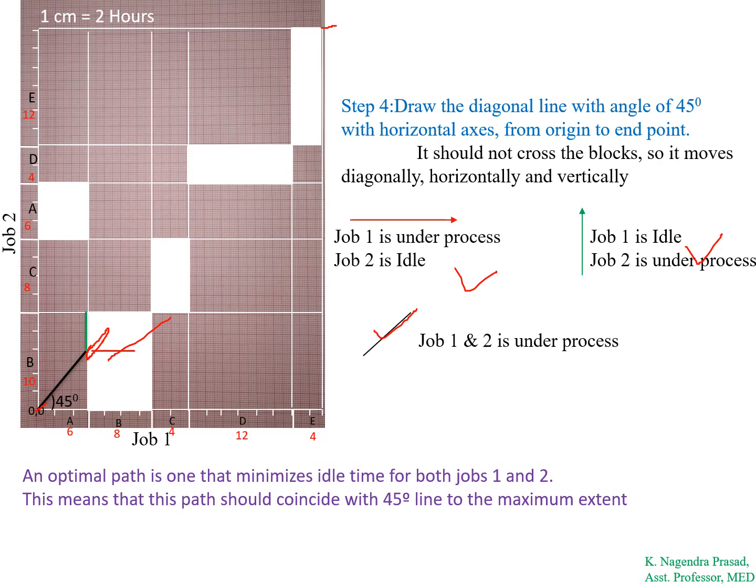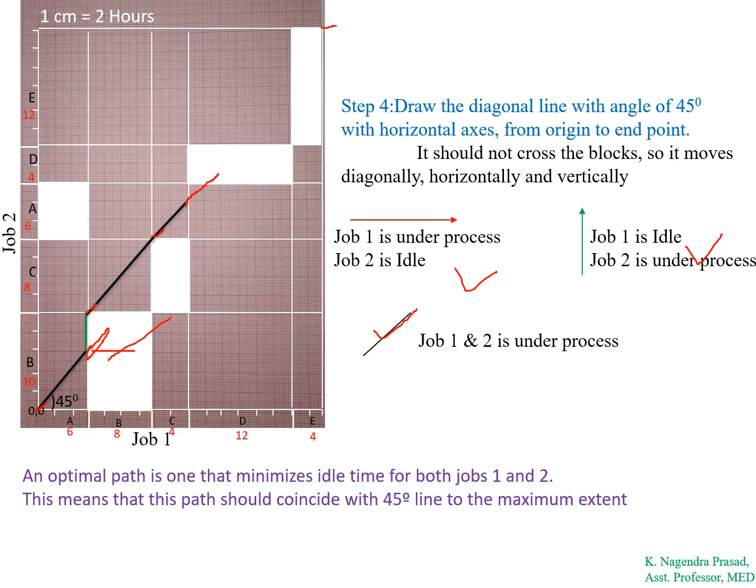So the line has reached this point. Here there is a no block region, so once again you have to draw a diagonal line. So the line has reached this point. Here also no block region. Once again you have to draw a diagonal line up to here. At this point, if you extend this diagonal line, once again it will cross this block region.